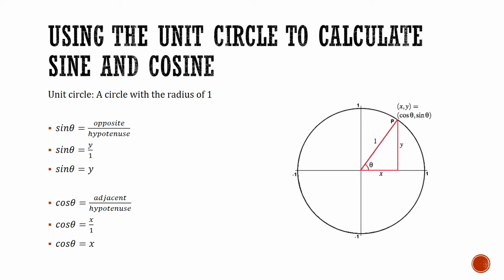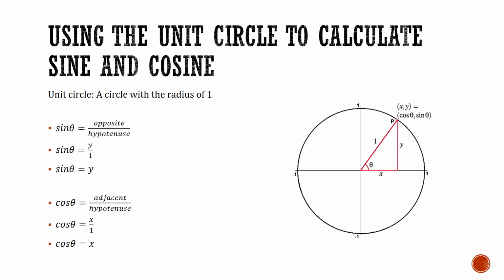Okay, so the unit circle is a circle whose center is on the origin and whose radius is 1. So any right angle triangle that hits the center and the circumference, the hypotenuse of that will be 1 because that's the radius.